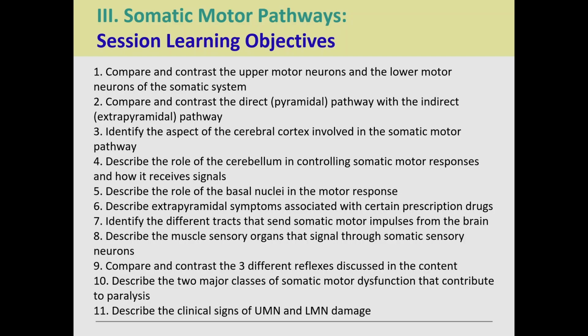Talk about the cerebral cortex's involvement, the cerebellum's involvement, the basal nuclei's involvement, and then look at some symptoms that we can experience with certain medications in terms of the extrapyramidal pathway. Look at different tracts, and then talk about muscle sensory organs, and then look at some reflexes. Now, we've talked about reflexes before, so some of these things I may go through relatively quickly.